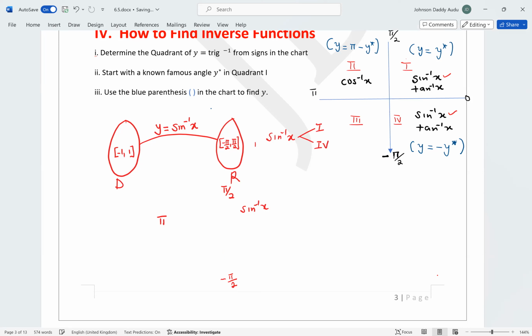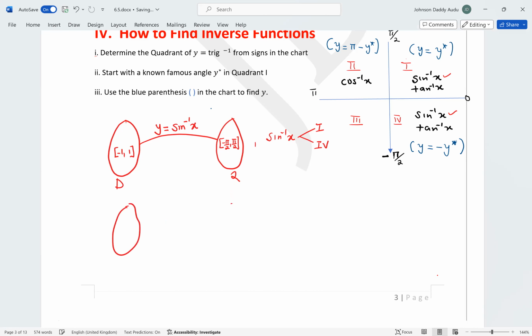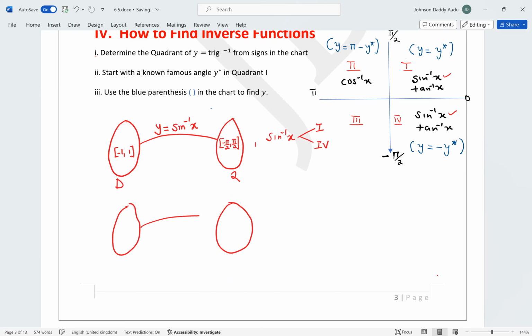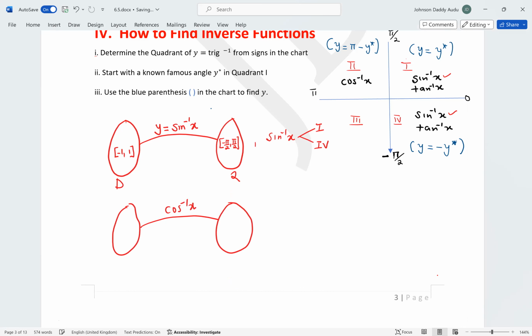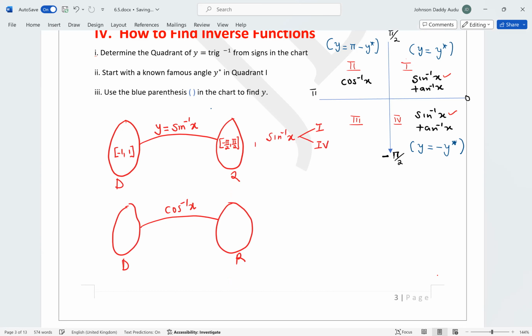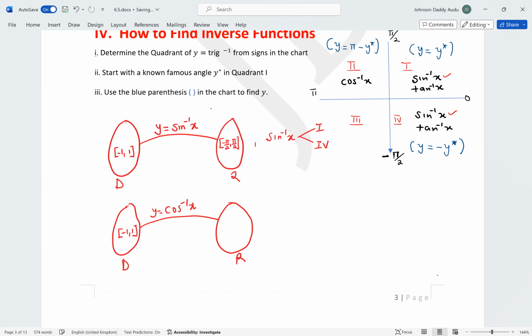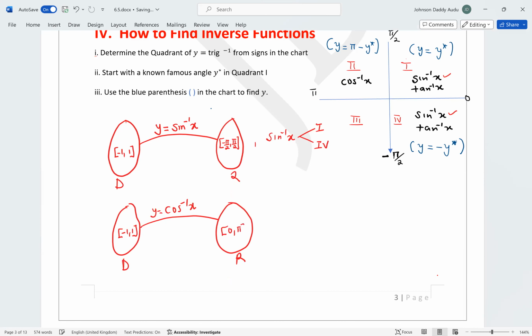Now, the same way, let's take another inverse function, which is cosine inverse. If we take cosine inverse of x, remember x will come from the domain and go to the range. The domain of cosine inverse is still -1 to 1. So y is going to be in the range, which is 0 to pi.